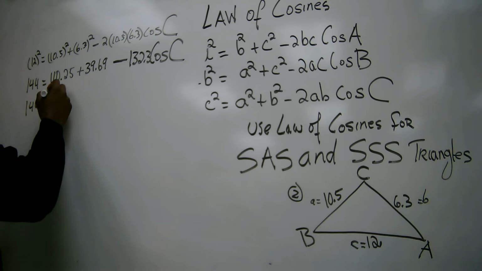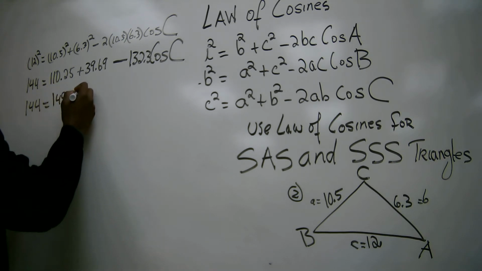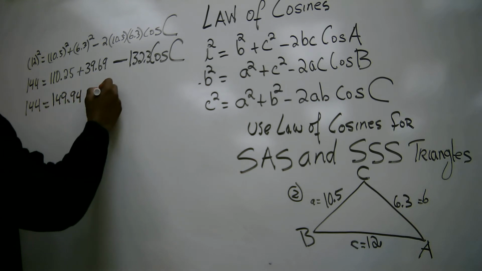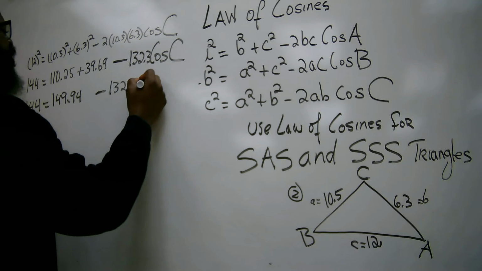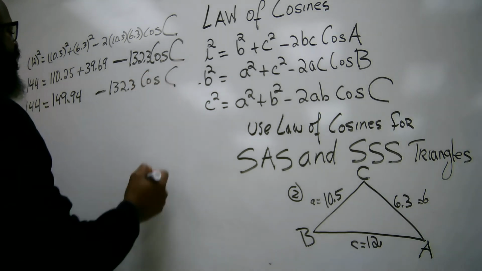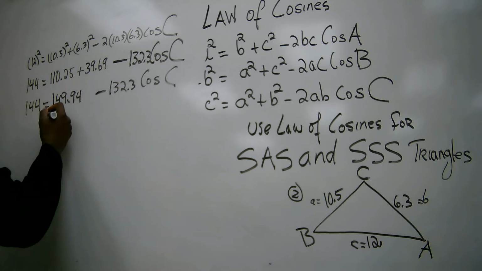This will give you 149.94, right, minus 132.3 cos C. Order of operation, you're going to subtract this on the other side. Leave this alone. This is your variable.